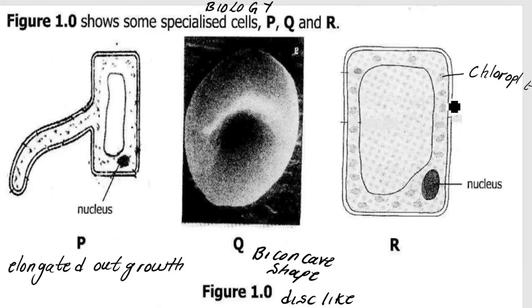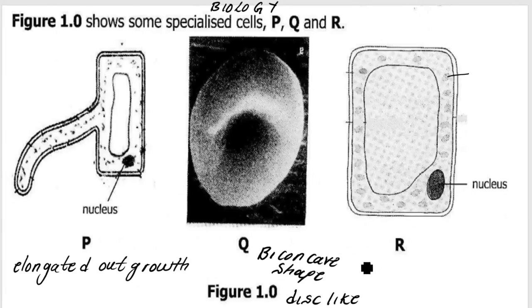Let me write it properly. Numerous chloroplasts is what made us able to recognize that this is a palisade cell. Apart from that, it has got a cylindrical shape.